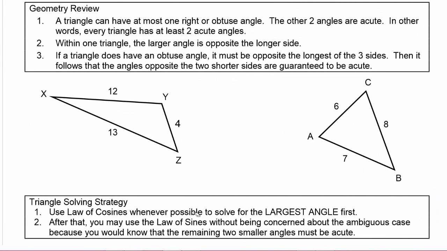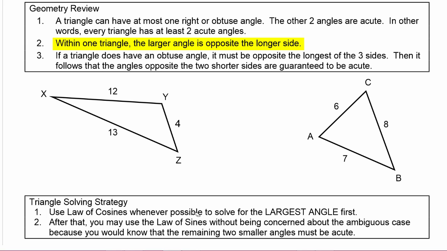Let's take a minute now and review some geometry. Remember that a triangle can have at most one right or obtuse angle. So that means the other two angles are acute. In other words, every triangle has at least two acute angles. Secondly, within one triangle, the larger angle is opposite the longer side.